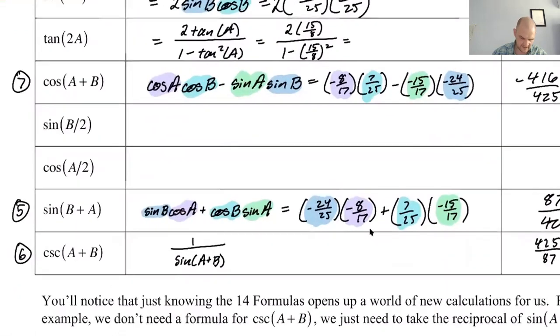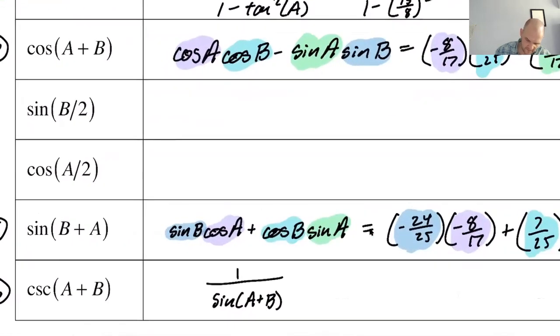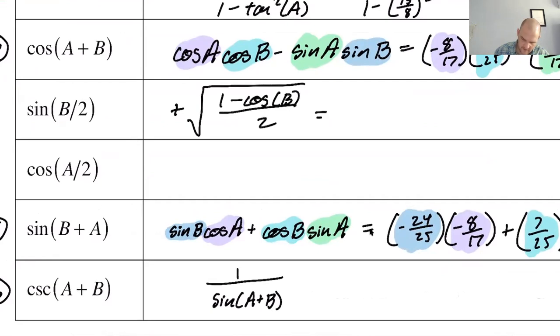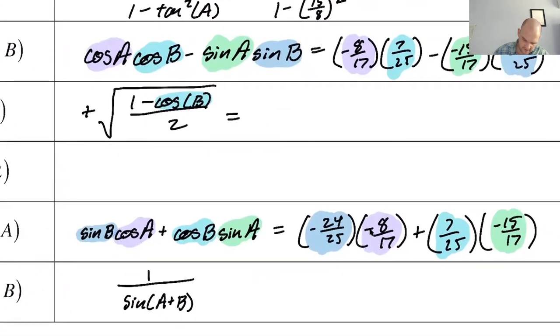This is the square root of 1 minus cosine of b, over 2. Sine doesn't go with cosine, so it's minus. The cosine of b is 7 over 25, so we're doing the square root of (1 minus 7 over 25) over 2. I guess I'll use a calculator for that.